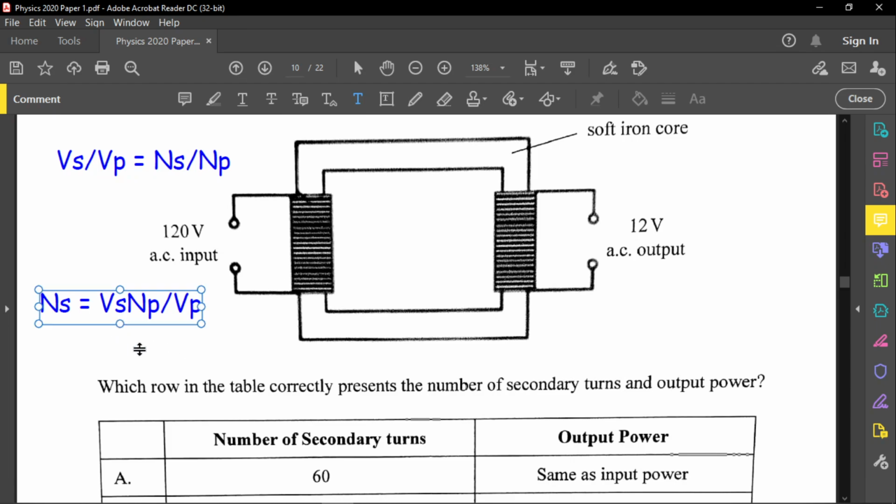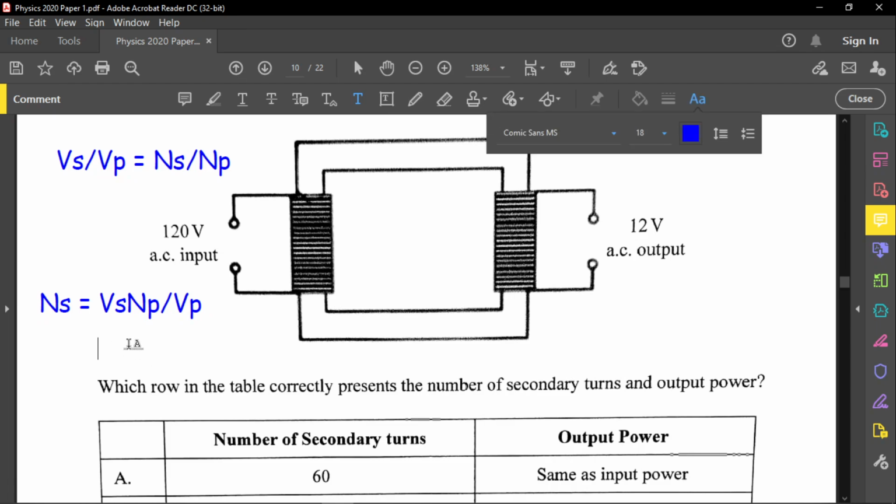And so let's just plug them in quickly. The secondary turns, which is NS, is equal to the secondary voltage multiplied by the primary turns divided by the primary voltage. You can go back to the question and see the values. So there'll be 12 volts as our secondary voltage, multiplied by the primary turns, which is 600, all divided by our primary voltage, which is 120.